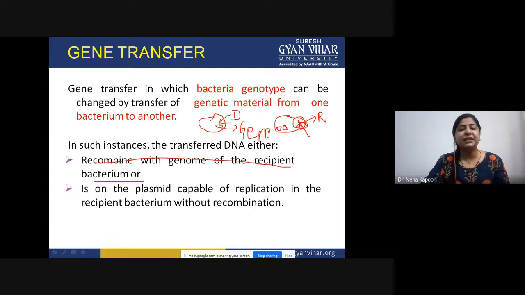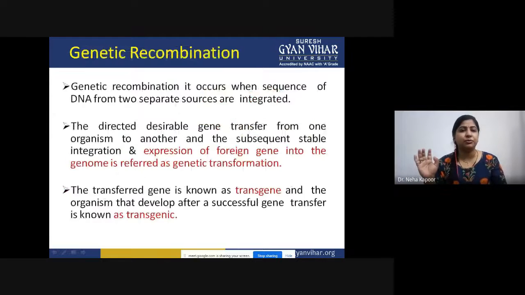Or it can be present on these plasmids, because plasmids are small DNA molecules that are capable of independent replication. They do not need to depend upon the host machinery to replicate themselves or to survive. So either the foreign DNA can be inserted onto the plasmid or directly into the genome of the recipient. That is the main point of gene transfer.